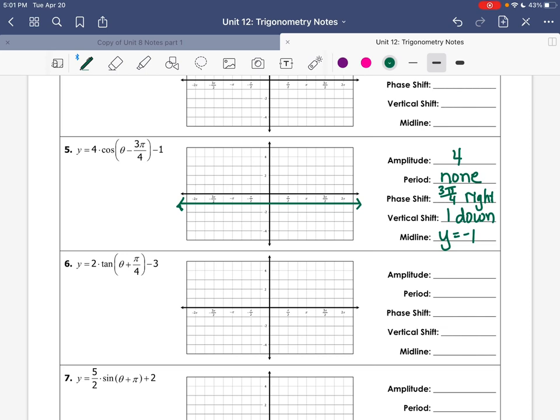Second thing, remember, normally we would start here. Now we're going to start here. Okay, so that's the next thing. Normally we would go, oh wait, but because of this midline, 4 is actually at 3.